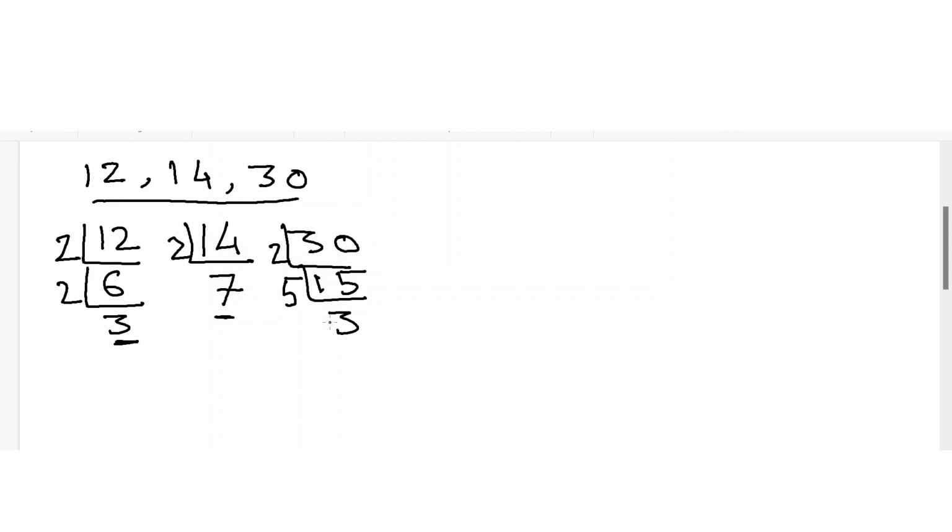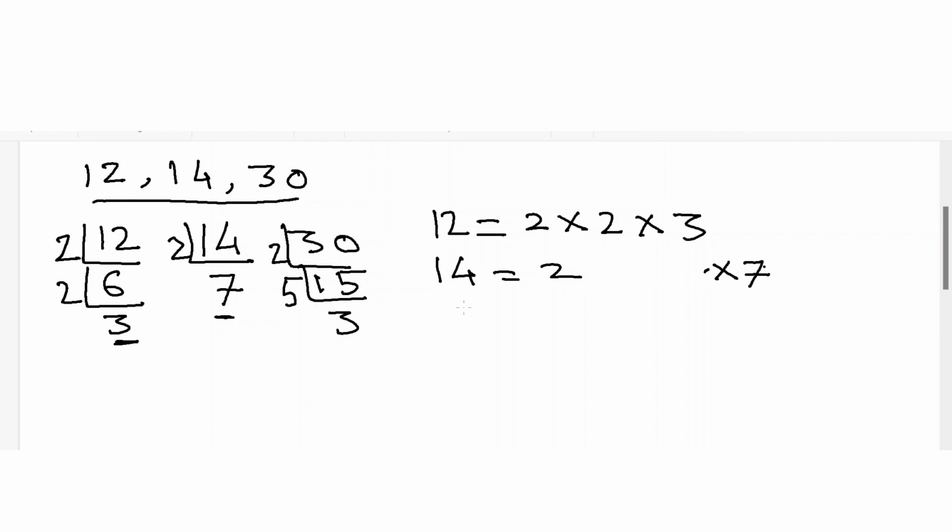So if we write down the numbers here, logically we can write 12 equal to 2 times 2 times 3. We can write 14 equal to 2 times 7. We can write 30 equal to 2 times 3 times 5.